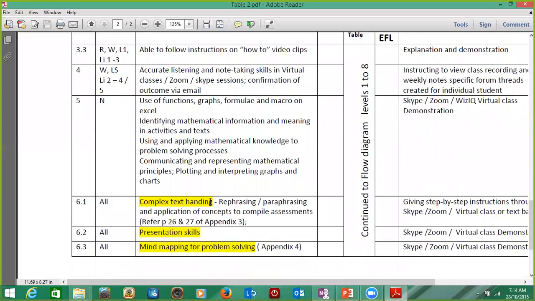Complex text handling, I address that under APA, that is the American Psychological Association's referencing style. So here it is, rephrasing and paraphrasing. I conducted a class even yesterday. Take one sentence, put it in your head, write it in your own words, but don't distort the meaning.